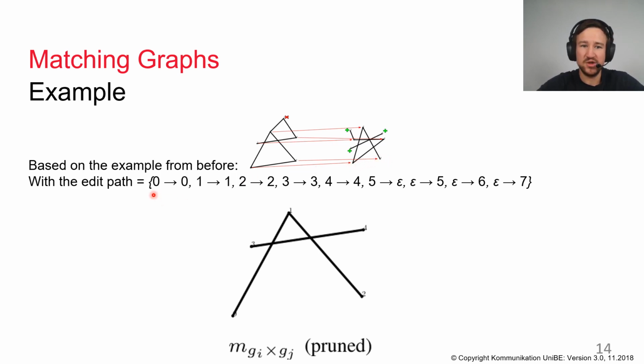Because we matched node 0 to 0 and 2 to 2, we only add the edge if it exists between 0 and 2 in the target graph. And as you can see in the top example, it doesn't exist there, so we didn't add it.